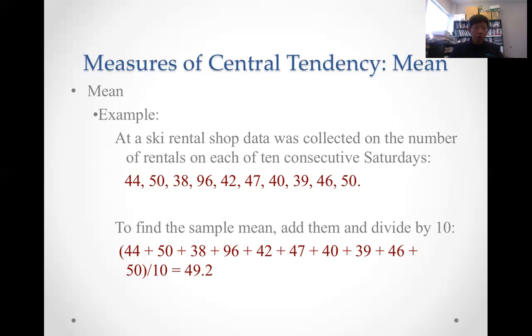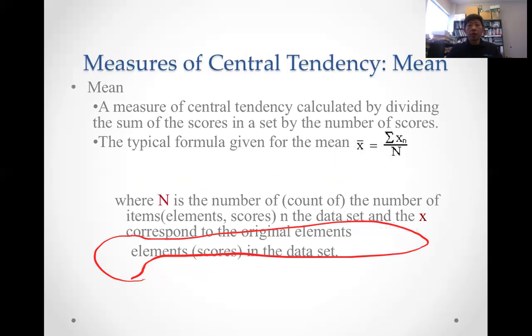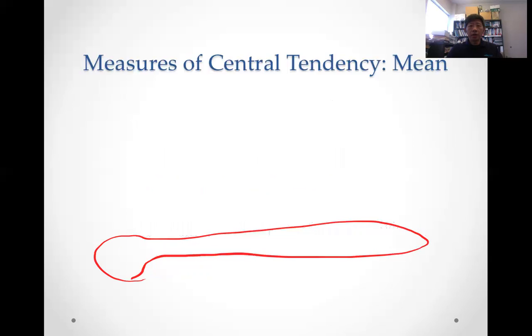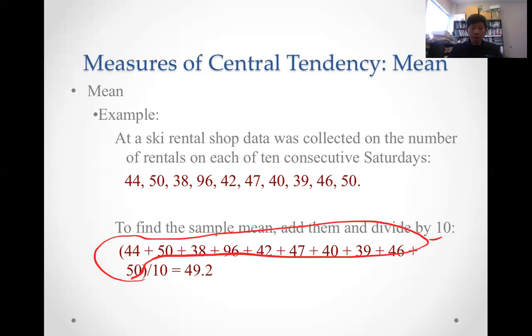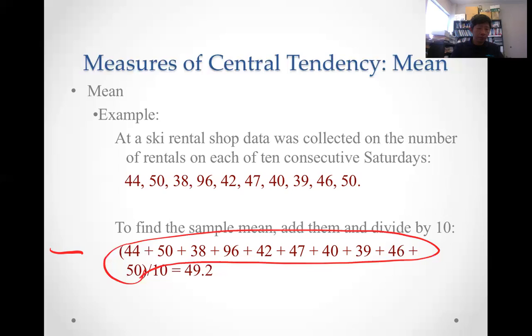The total added together here, we call sigma x_n. This is sigma x_n, and this is n, divided by n.